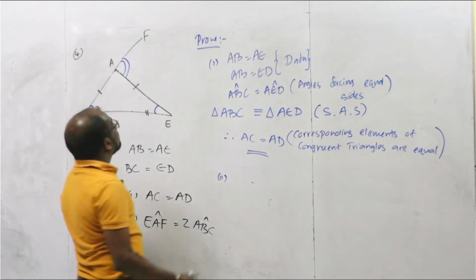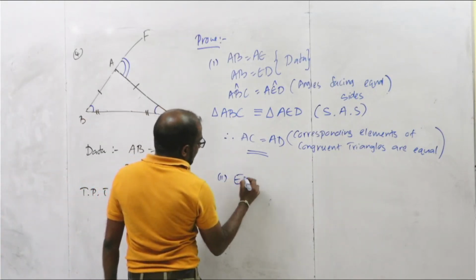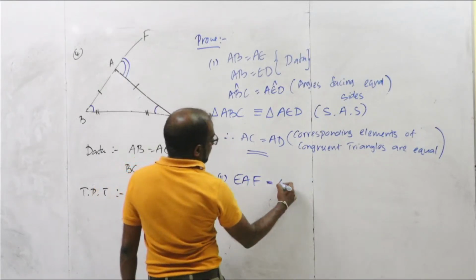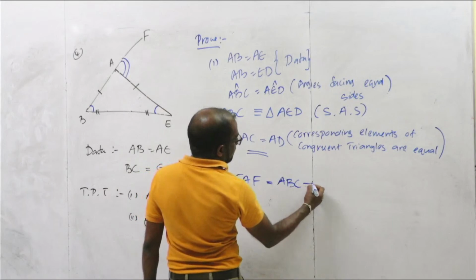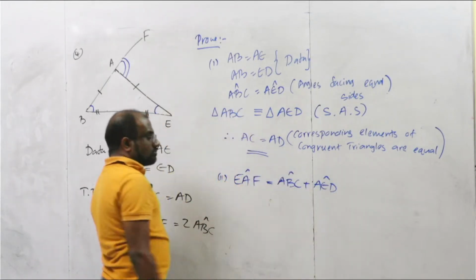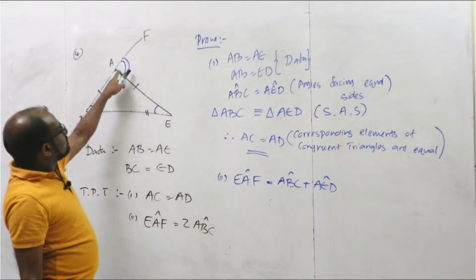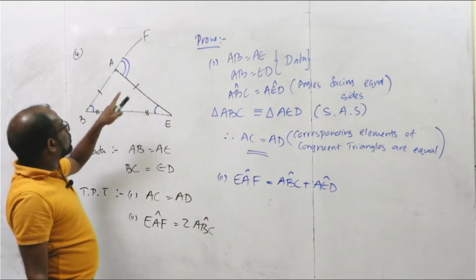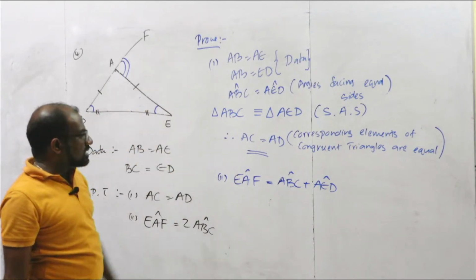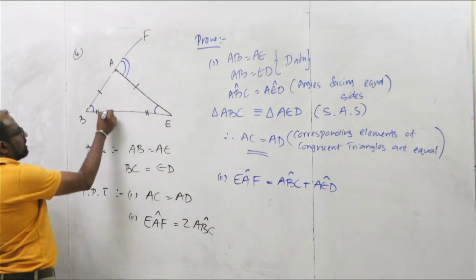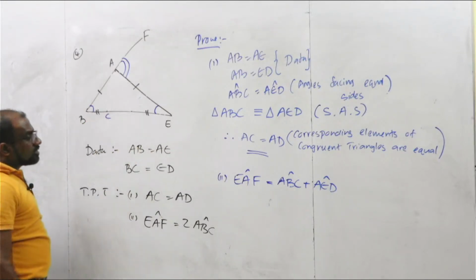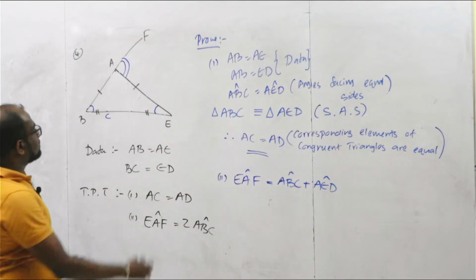So EAF is equal to what? ABC plus AED. This exterior angle is equal to ABE and AEB. ABC plus AED.